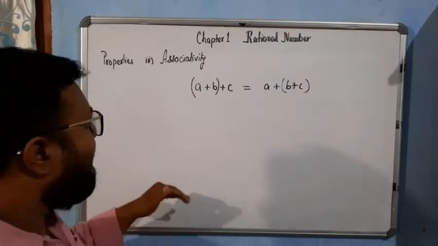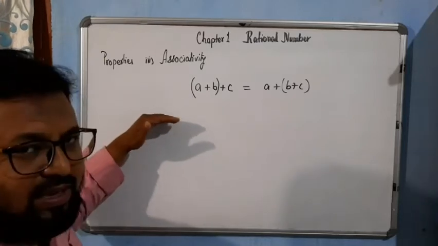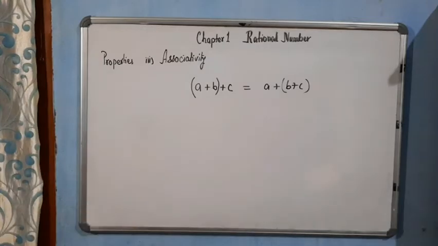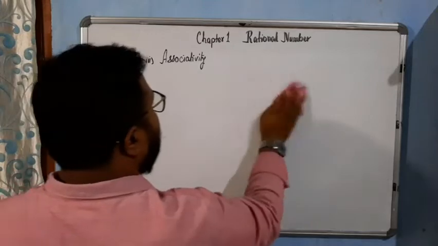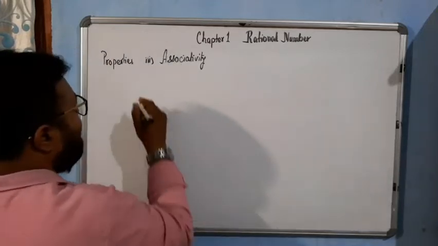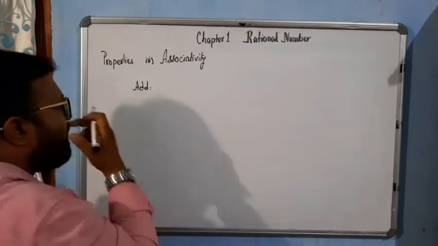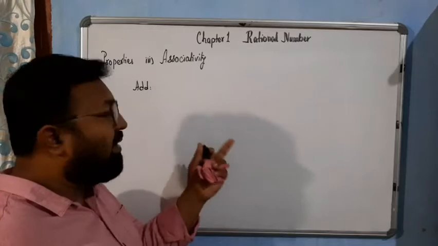In the same way we will deal with subtraction, multiplication and division for rational numbers. So let's start with addition. I'm not going to put any example; I will simply tell you in which cases it is applicable and in which cases not.